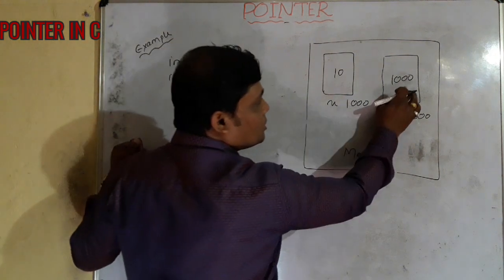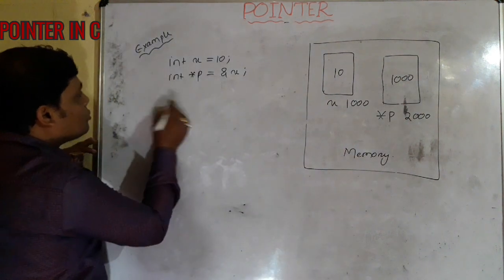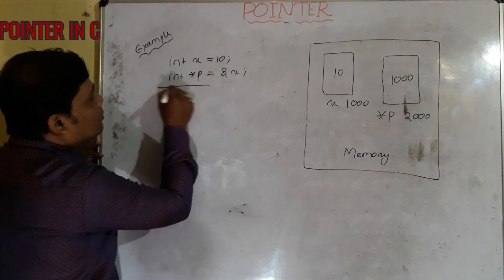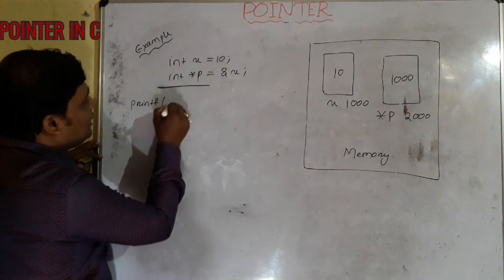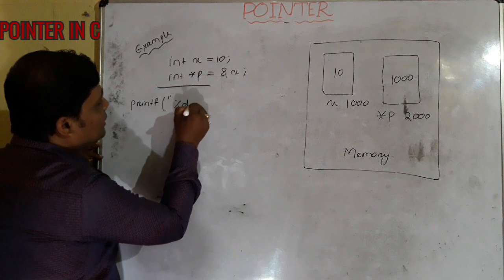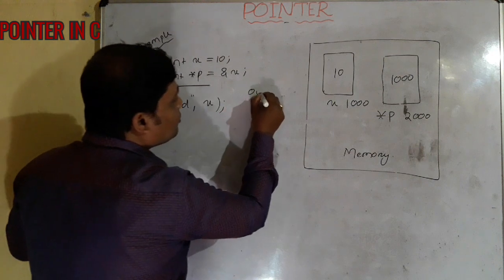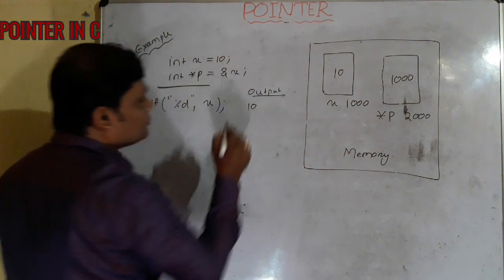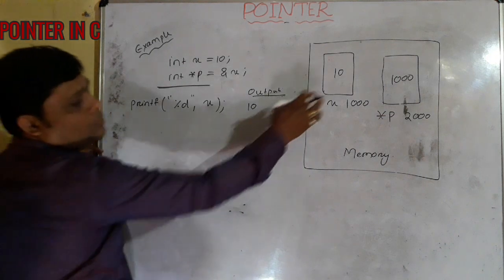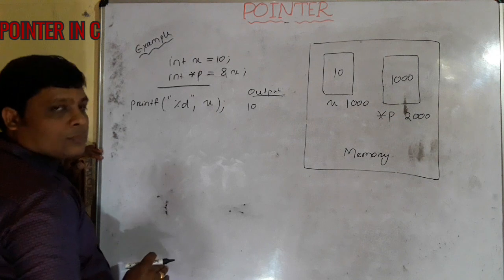So 1000 will be stored in p. Suppose I am displaying printf("%d", x). What will be the output? 10. Because we have stored 10 in x. Clear?